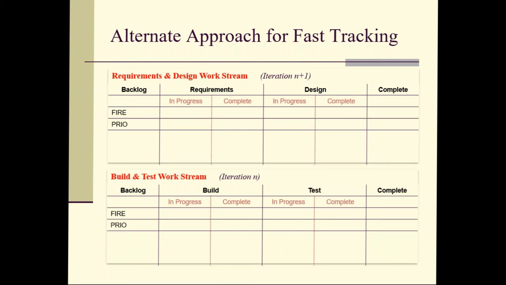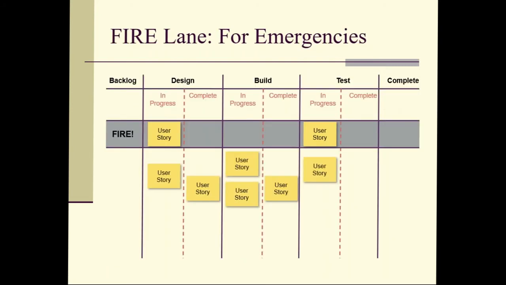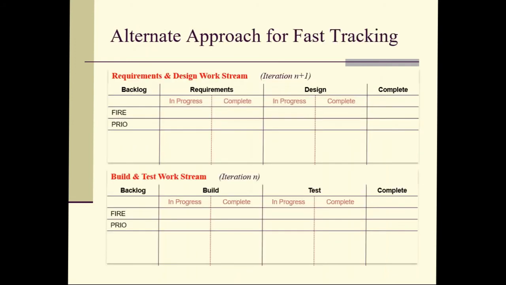Now, in this example, we see something different. We have changed columns. In the prior example, we had a design, a build, a test. It's almost like a little mini waterfall workflow. But in this new one, we have 2 parallel streams of work.